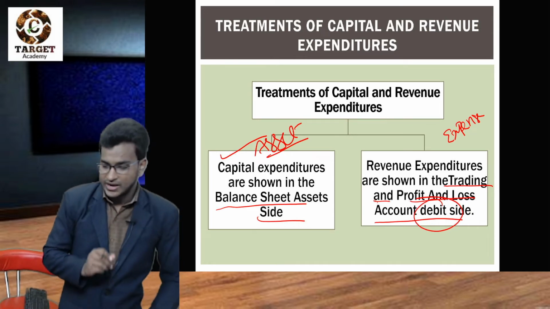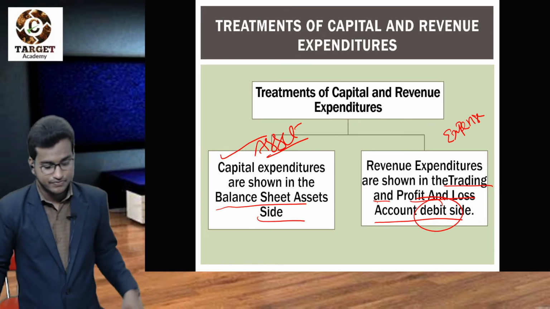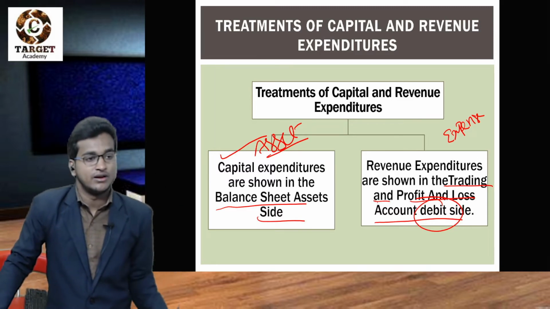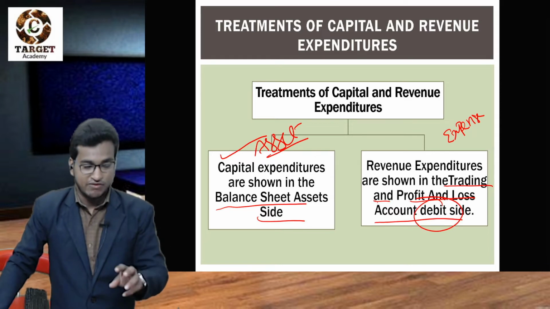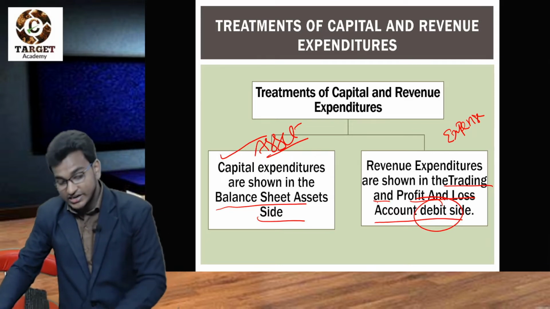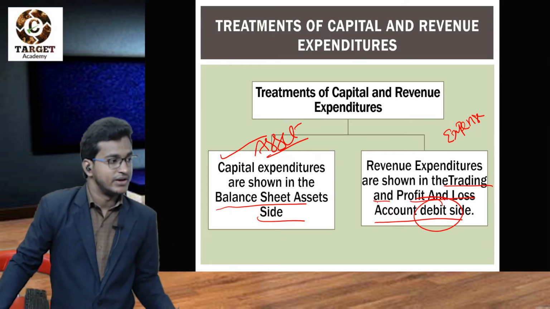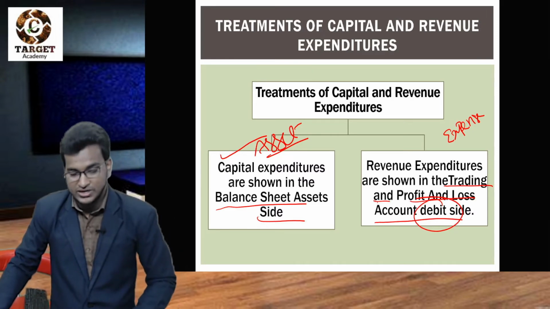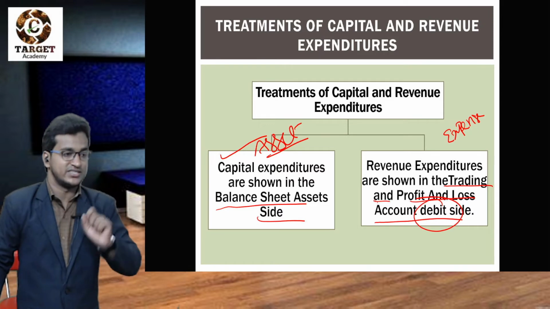Clear? I repeat the total concept. Capital expenditure is nothing but asset. Because this is an asset, it will come under the asset side of the balance sheet. Next concept, revenue expenditure. Revenue expenditure is my expense, not my asset.